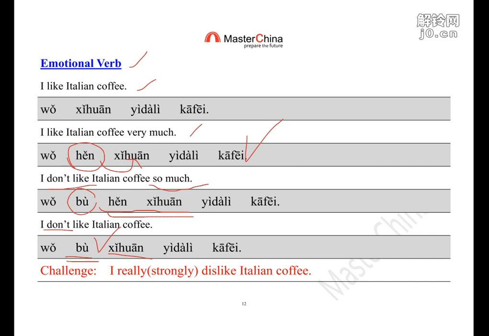Okay, now I want to give you a challenge: how do Chinese people translate this sentence? I really dislike Italian coffee. So strongly dislike. How to say? I give you some minutes. You can pause for a while to think. According to our principle, put the 不 before the total part you want to deny.